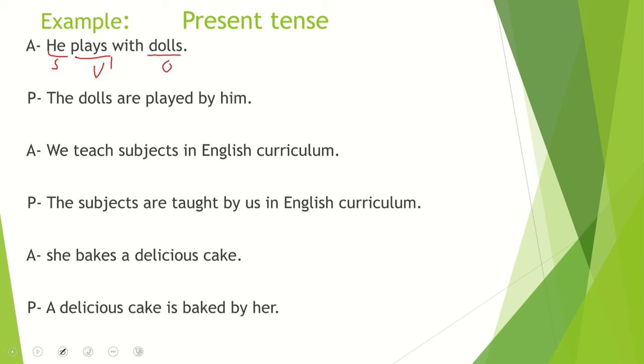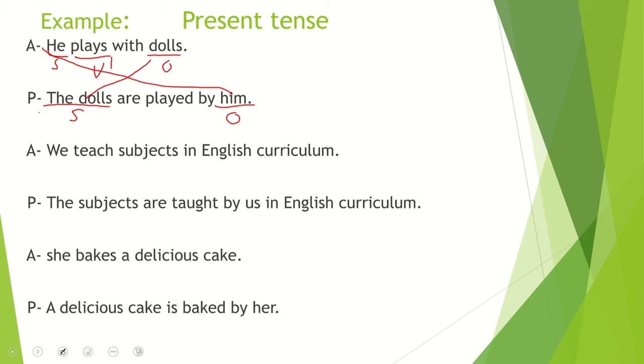While we make the passive voice, we should interchange our subject and object. So our subject goes to the place of object and it becomes object. And our object comes to the place of subject and it becomes subject. Understood? Now come to our main topic, that is verb.